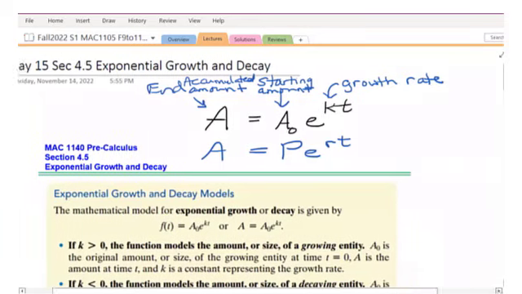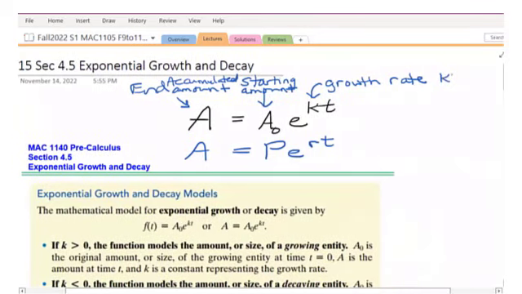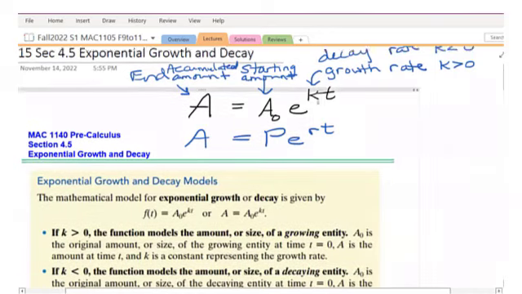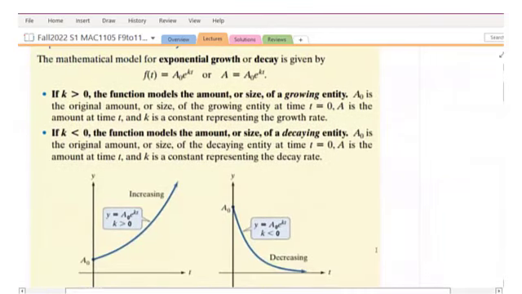So we are going to see that if K is greater than 0, positive, then you have a growth rate. And if K is less than 0, negative, we're actually going to refer to it as a decay rate. So all of this is summarized right here. And you can see graphs showing on the left exponential growth and on the right exponential decay.